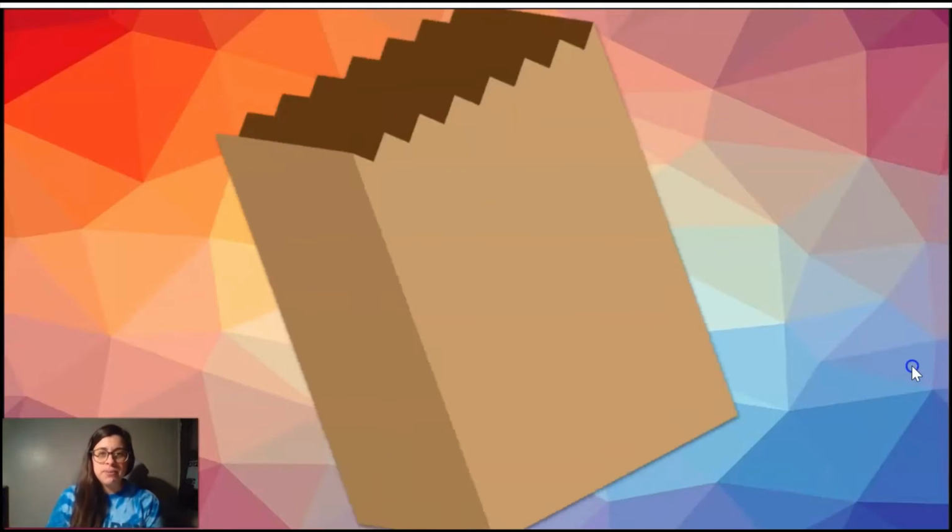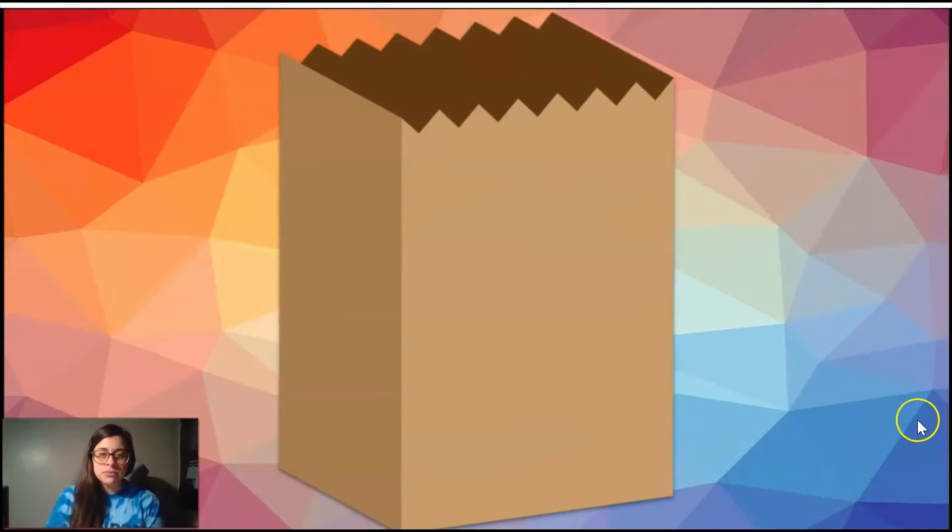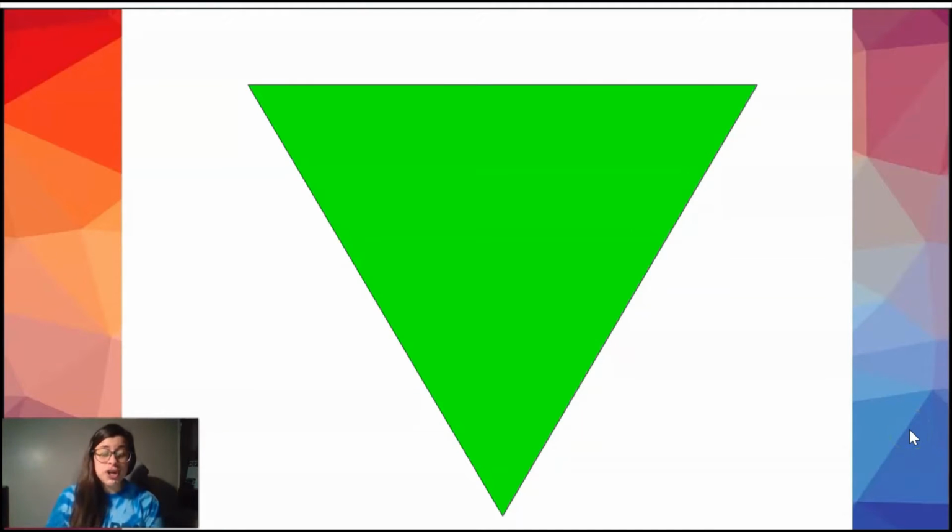Let's try this shape. Your teacher's going to pause the video. Is this a curve shape or no curve shape? You probably said this shape has no curves. I see pointy parts on this shape, but there are no curves.